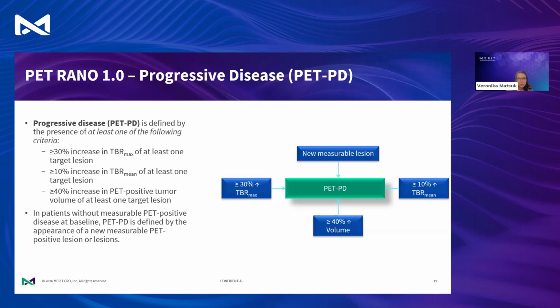And like I had alluded to before, a point that's easy to overlook is the nadir reference point that we mentioned in the summary table. PET RANO compares follow-up scans to this metabolic nadir, the lowest measurement recorded, rather than always going back to the baseline. The reason is that metabolic activity will often drop transiently after treatment begins before potentially rebounding as the tumor regrows.